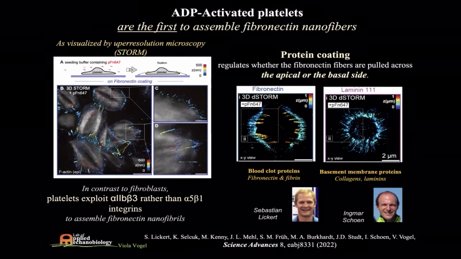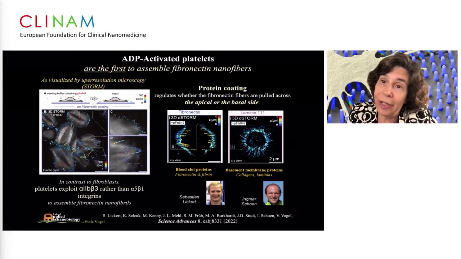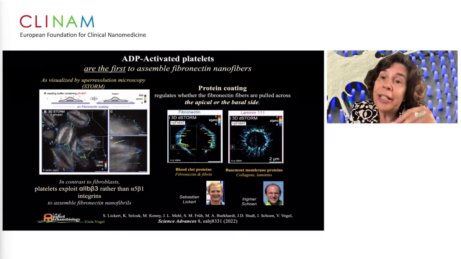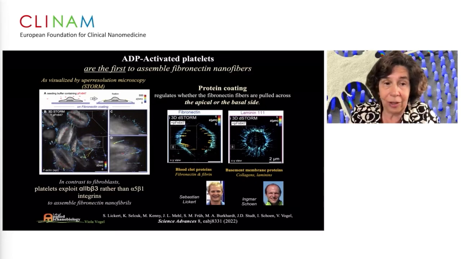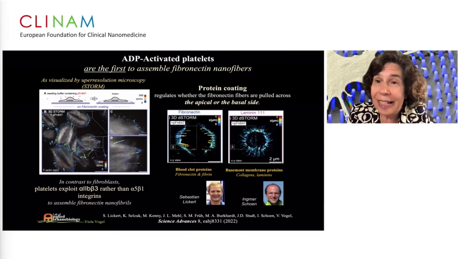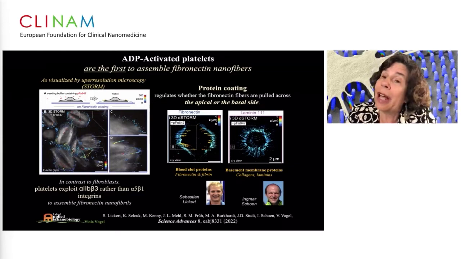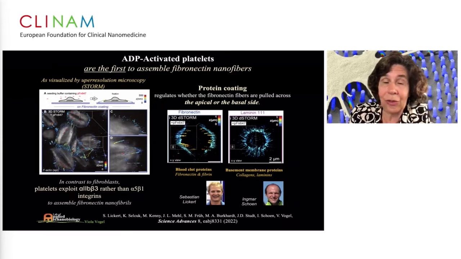So far, it was thought that mostly invading fibroblasts would form these fibers. But with platelets forming the first fibronectin fibers, they essentially create anchoring sites for other cells to invade blood clots. And most excitingly, they do so, in contrast to fibroblasts, not by exploiting alpha-5 beta-1 integrins, but alpha-2b beta-3, which also recognizes the synergy site.